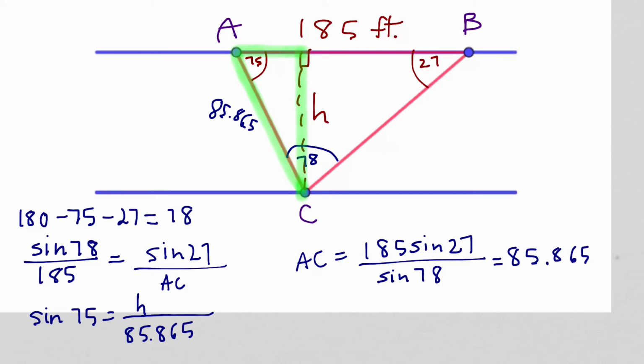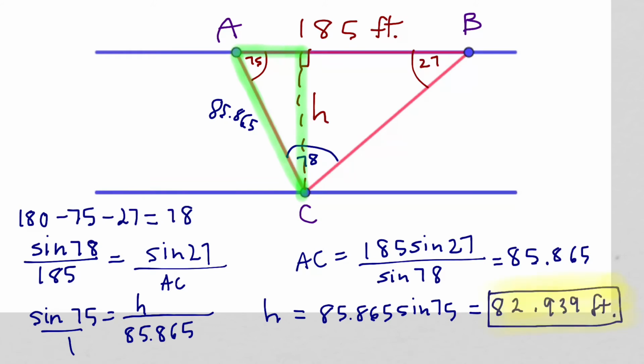So I can say h times 1 is h, is equal to 85.865 sine of 75. And I type that into the calculator, and I get 82.939 feet. So that's this distance h between the parallel lines.